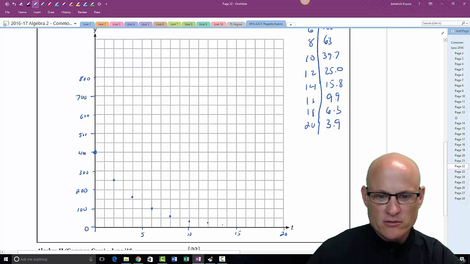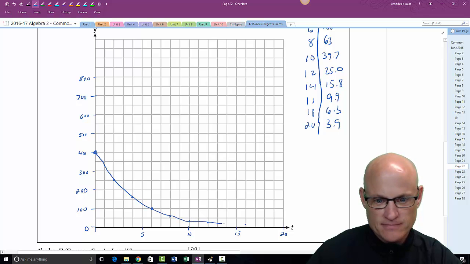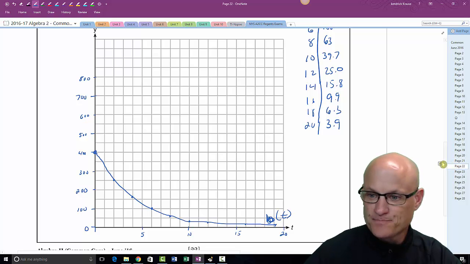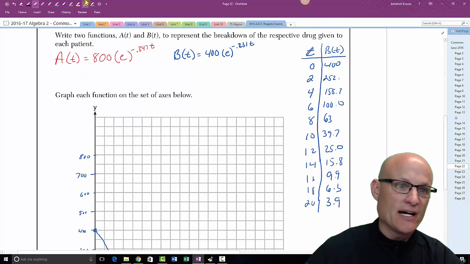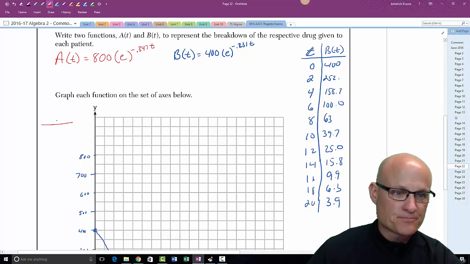That's right in the middle. 14. 16 was like 10. And I think you get the picture. We got a good graph. It's got exponential decay. And you label it B of t. All right, now let's do the other one. I know, it's a pain in the neck.